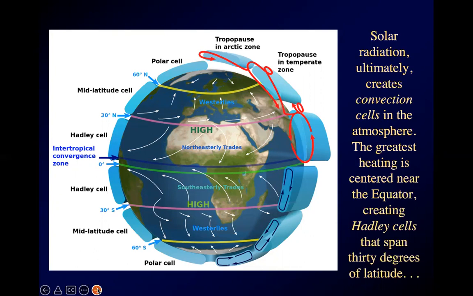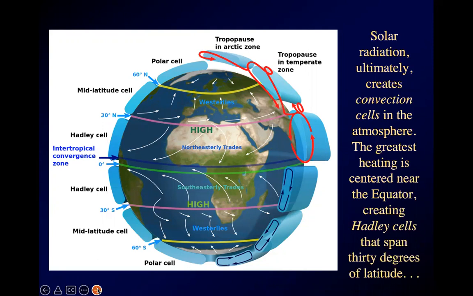Well, because solar energy is hitting the Earth most directly at the equator, that warms the Earth, and the Earth warms the atmosphere, and we have lots of rising air at the equator. Where air rises, it cools and drops its moisture. So we tend to get lots of rain at the equator. By and large, the equatorial zone is a pretty damp area.